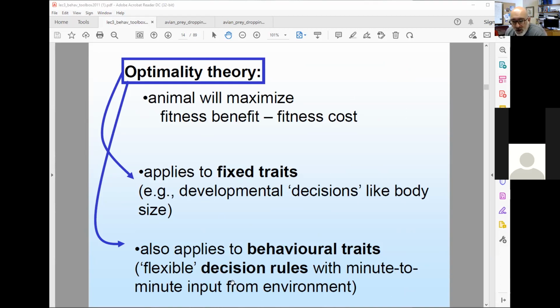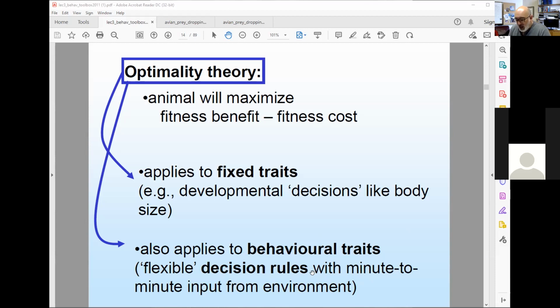We'll talk a little bit about decision rules later on, but the context in which an animal finds itself is changing relatively rapidly, and so you end up with changing optimal values for behavioral traits.